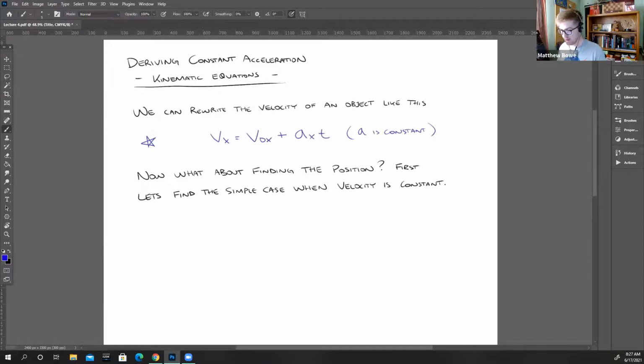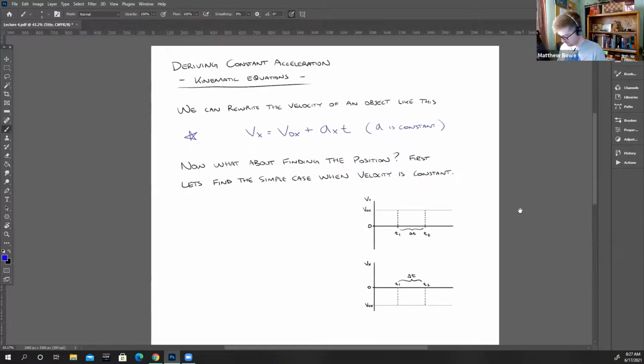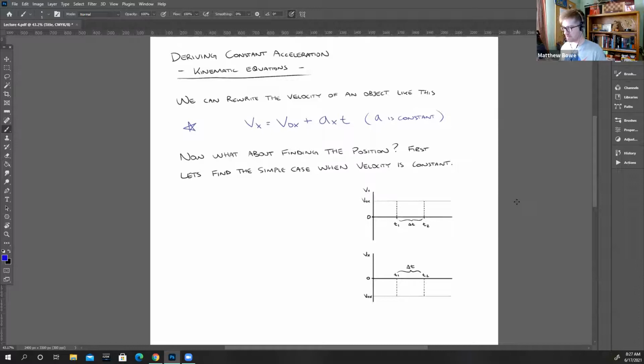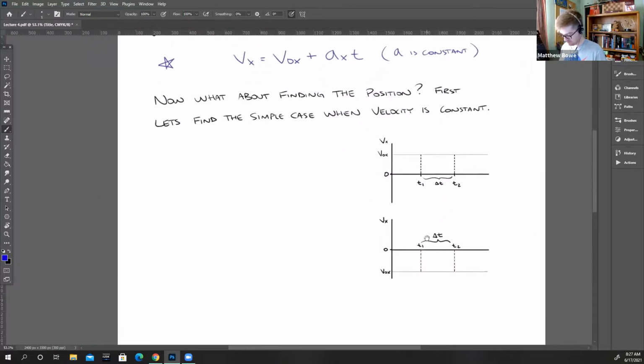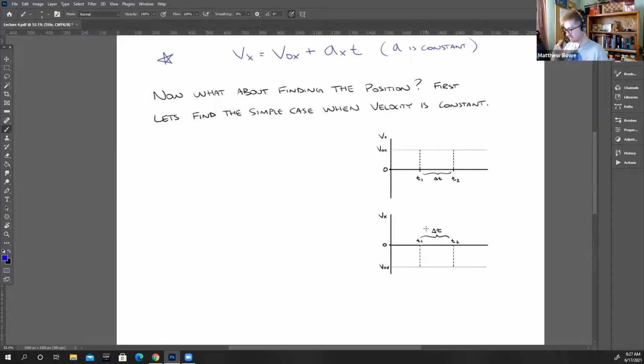First, let me back up a bit and assume that the velocity is constant. So in these two cases down here, the velocity is held constant. Let me go like this, so you still see that at the top.